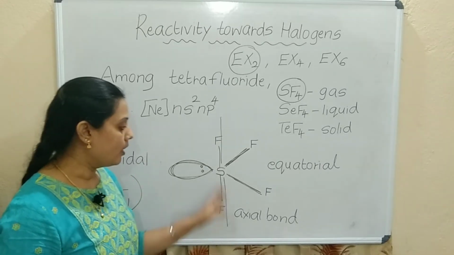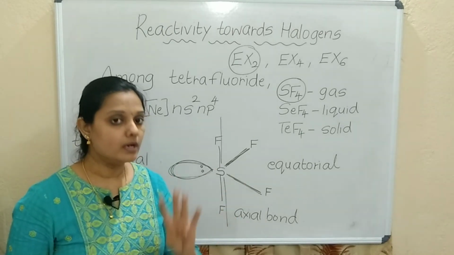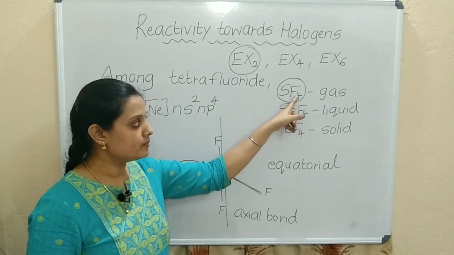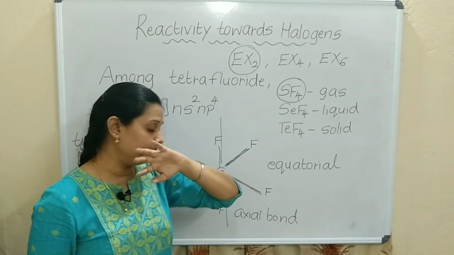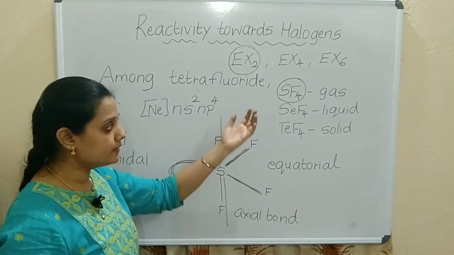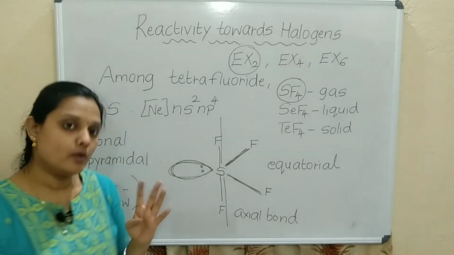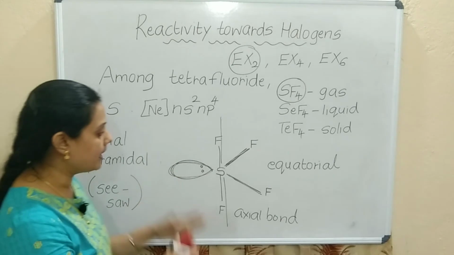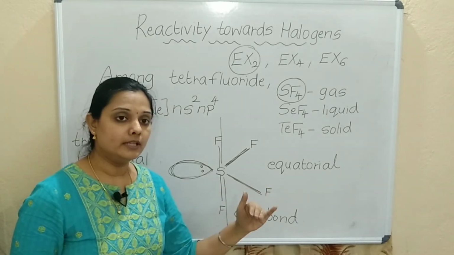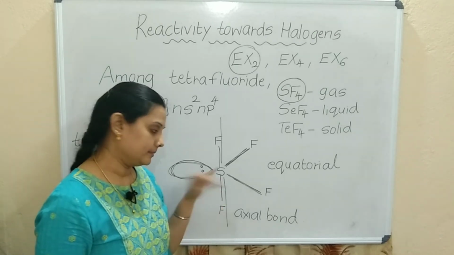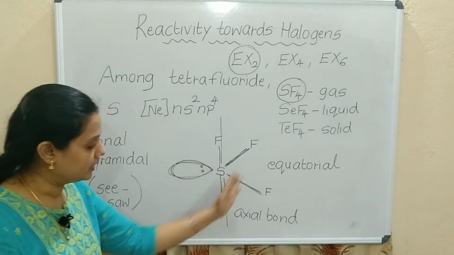So how many bonds will it make? 4, because 4 unpaired electrons are there. So 4 unpaired electrons means fluorine has 1 electron, so each fluorine will give 1 electron. So 4 electrons from fluorine will combine or pair up with the unpaired electrons of the sulfur, and it will form the bond.